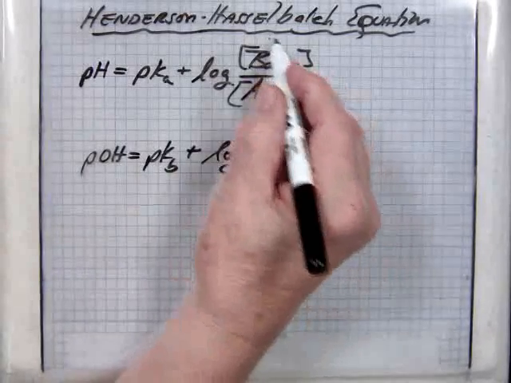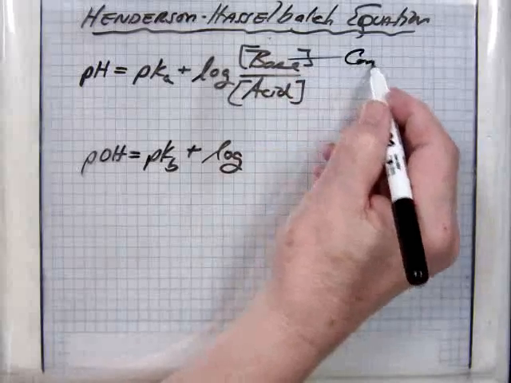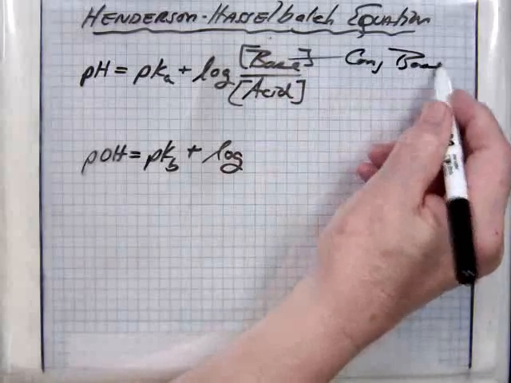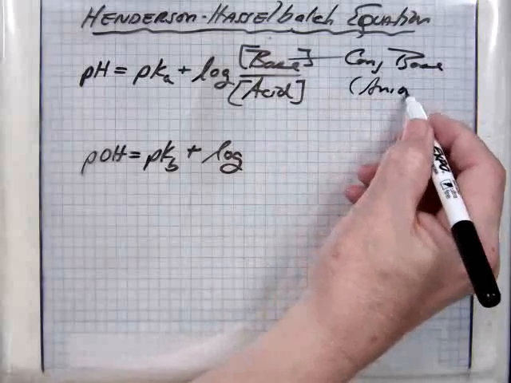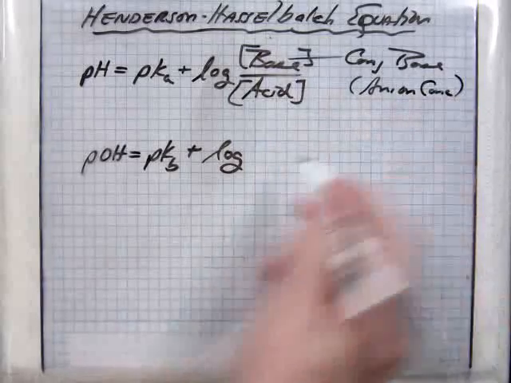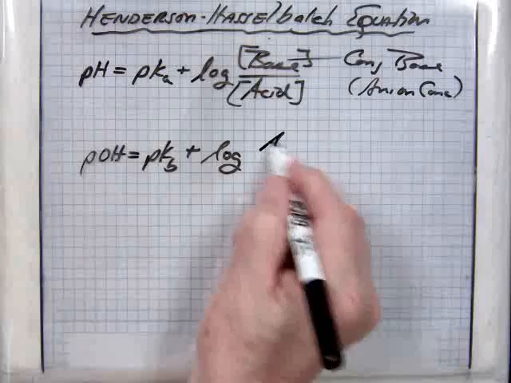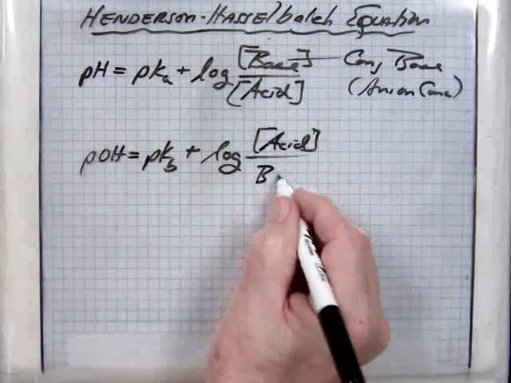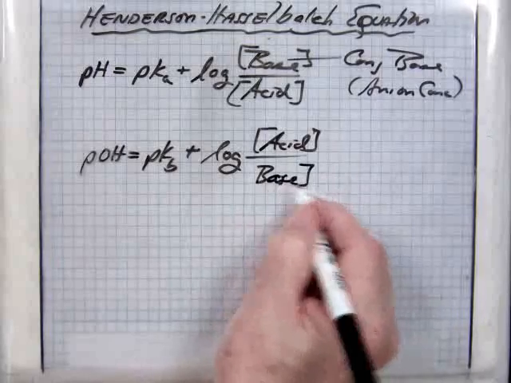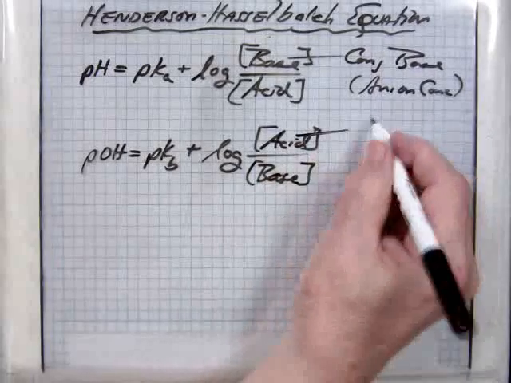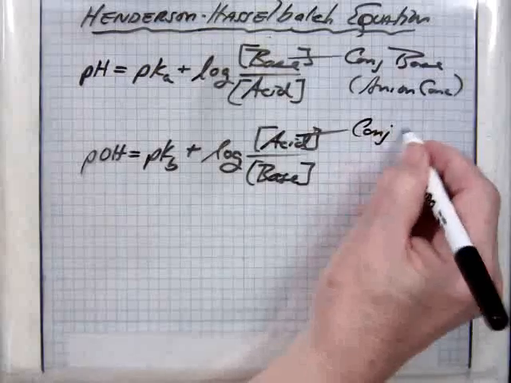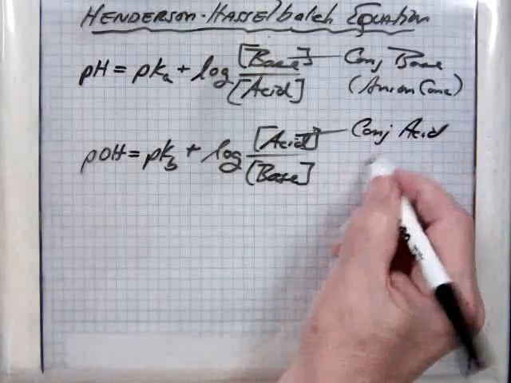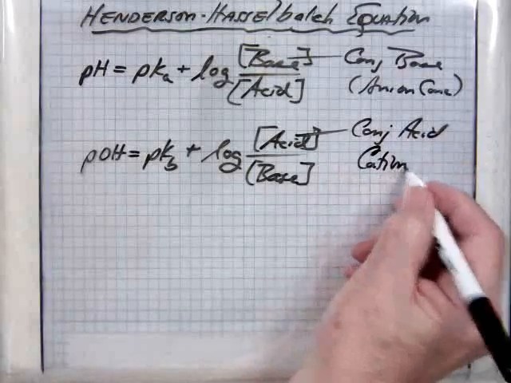This is a conjugate base, the anion concentration, a log of the acid over the weak electrolyte base, where this would be the conjugate acid concentration, and this would be a cation concentration.